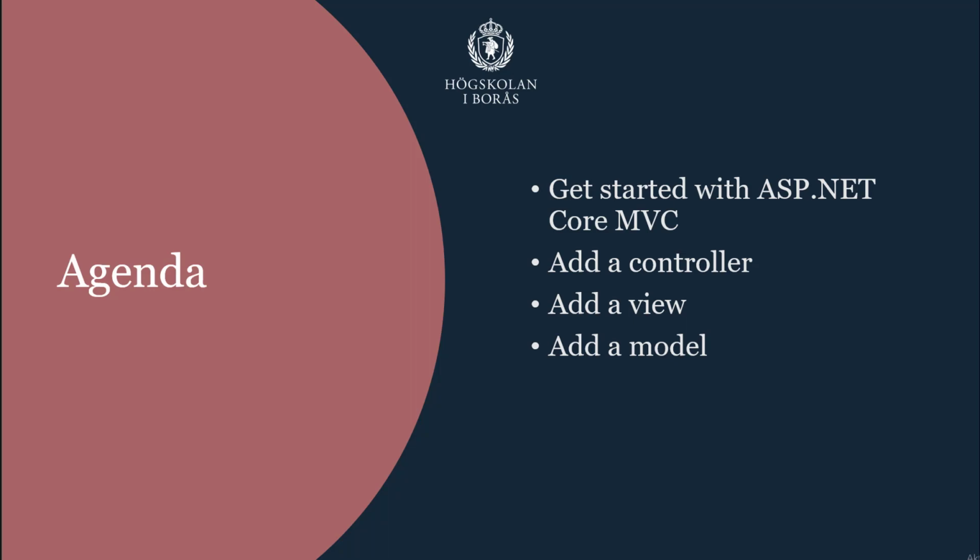Moreover, we have looked at Entity Framework, dependency injection, strongly typed views, and the ViewData dictionary, for example. So there are many things we've gone through here, and now you should have a solid foundation to start your own ASP.NET Core MVC project.